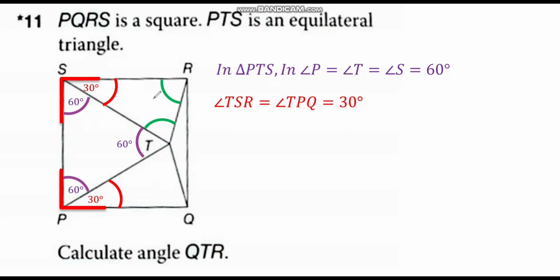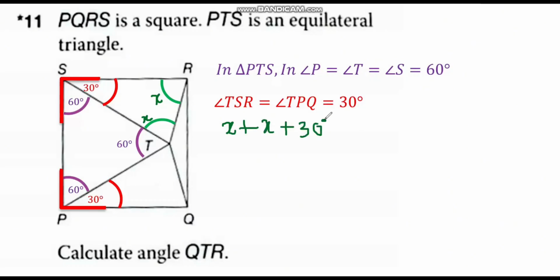Now we can figure out the sizes of these two angles shown by the green color. I can suppose that the size of these two angles is x, because if we consider this triangle as an isosceles triangle, then the base angles should have the same size. So we can make an equation like x plus 30 degrees.